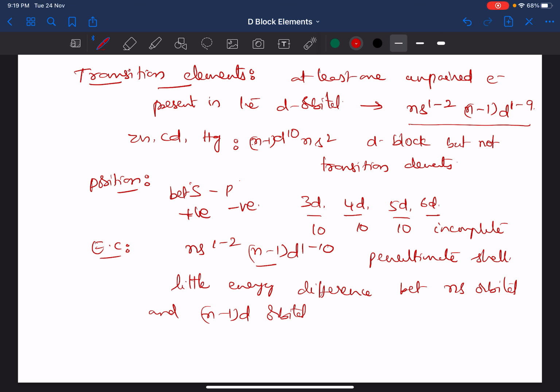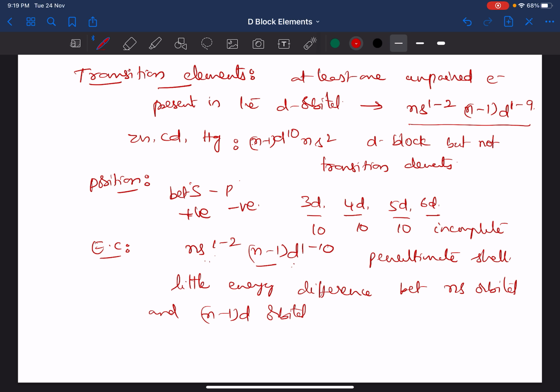So due to that small change, the electron will shift between these two orbitals. That means from ns to (n-1)d orbital or (n-1)d to ns orbital, there is an interchange of electrons; inter-electronic transitions will occur between the ns and (n-1)d orbitals.